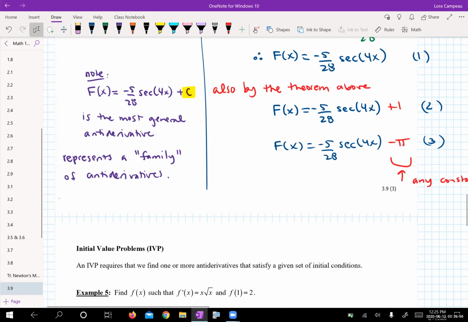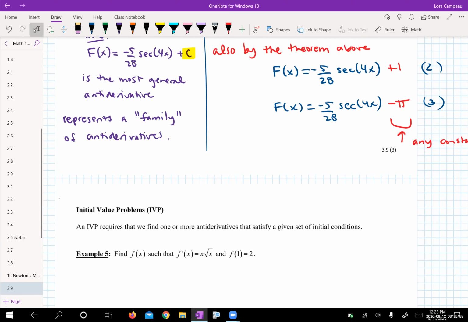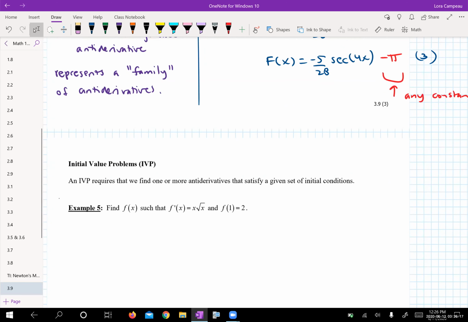So get really good at power functions, trying to convert them, figuring out what the derivative was beforehand, and also get really good at trig functions. We utilize those a lot, not just now, but Calc 2 uses the trig functions a lot more. The last thing I'd like to show you is an idea of initial value problem.